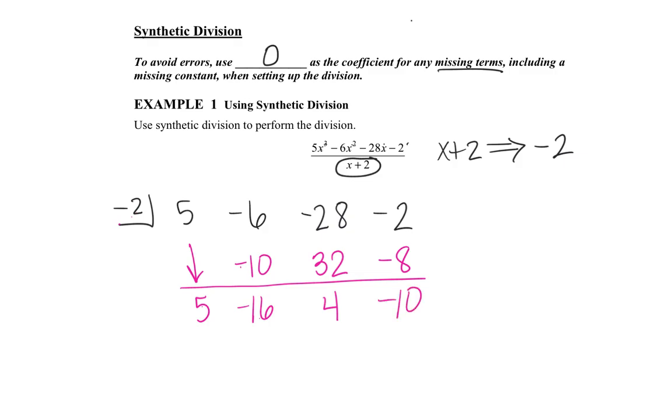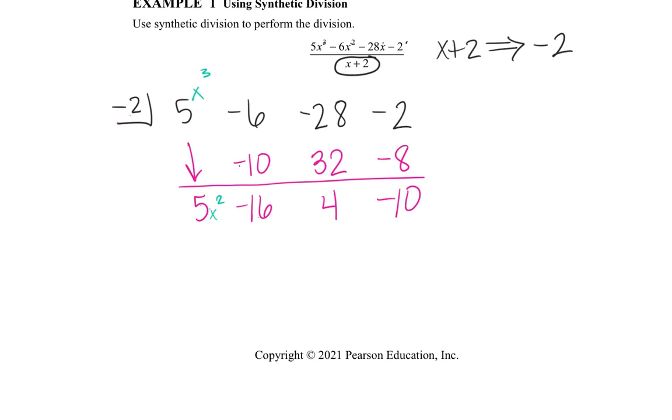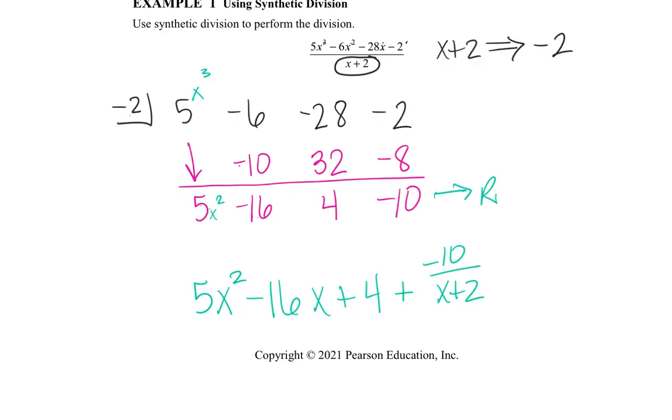So now, this was your x cubed. Now this will be your x squared. So now your answer is 5x squared minus 16x plus 4 plus negative 10 over x plus 2, because this part right here is your remainder. Remainder.